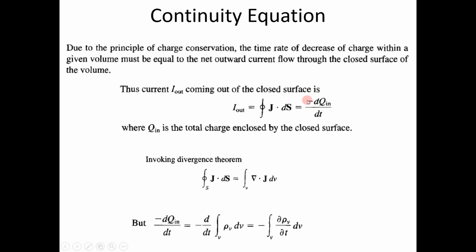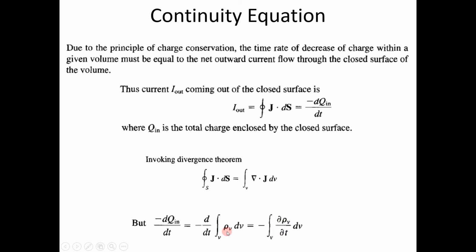Okay, but there is another equation for Q, that is Q can be written as volume integral of rho v dv. So minus d by dt of Q enclosed can be written as minus d by dt of the volume integral of rho v dv. Taking the d by dt term inside the integral, you write negative volume integral of dou rho v by dou t.